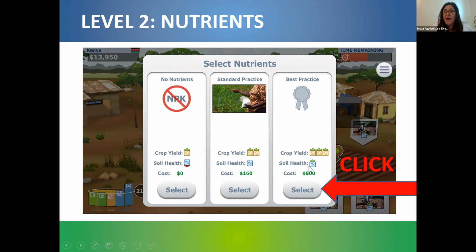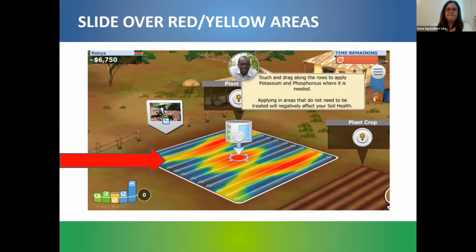Because if they invest too much, there's a chance, and this is like real life, that if they do not use their money wisely and make decisions wisely, if they purchase too much in one season, they may run low on funds in order to farm the next year. And if they continue to do this, it's going to probably result in them not farming anymore and having to sell the business.